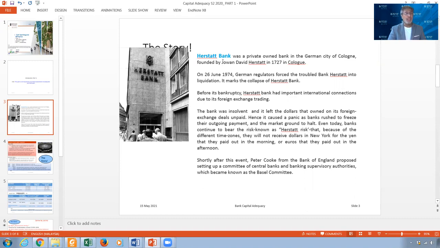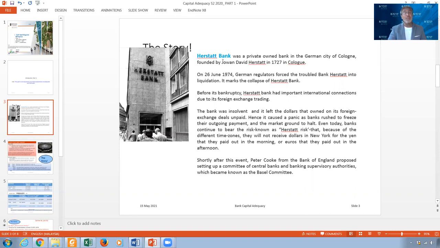If they execute the transaction in the morning, and the American banks are the ones who are going to pay, then the settlement will happen on the second day, because by the time the American banks open, the Japanese banks are closing.